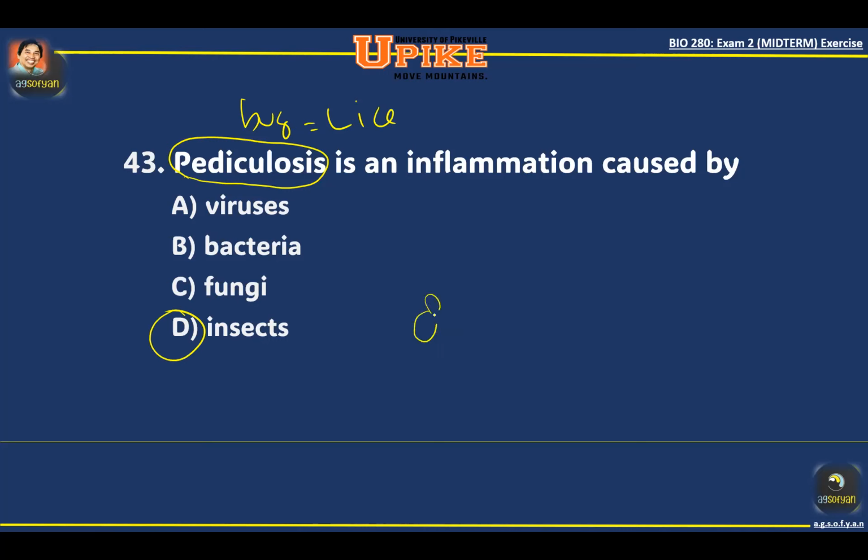An insect is an animal that has three pairs of legs. So this is a lice, and the infection or the disease is called pediculosis. It's caused by this lice or insect.